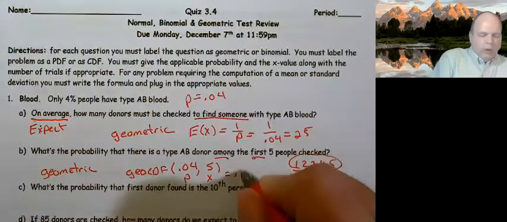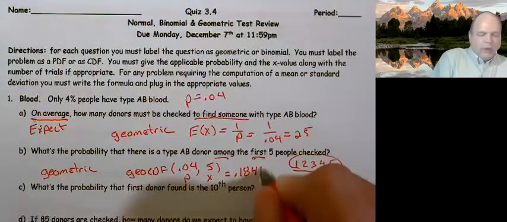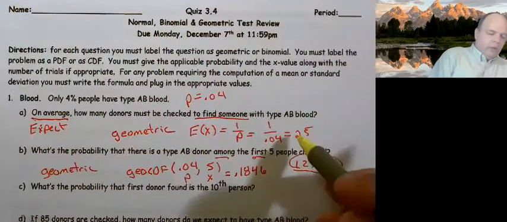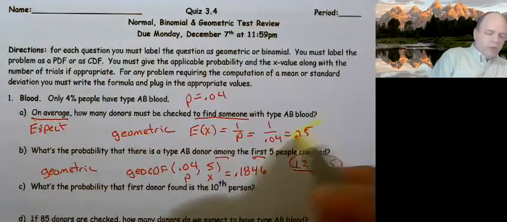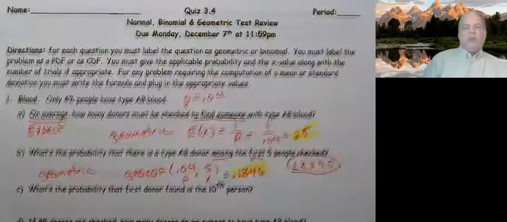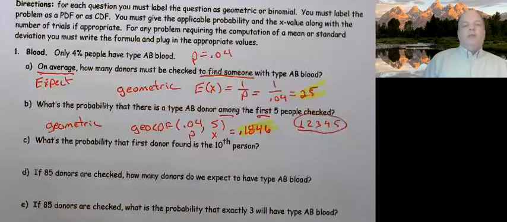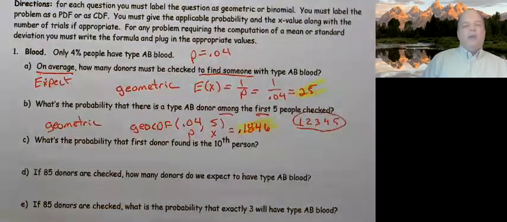So 0.1846, that's my answer. I'm going to go ahead and highlight the answers. But this is the type of work that you need to be showing every time that you do one of these problems.